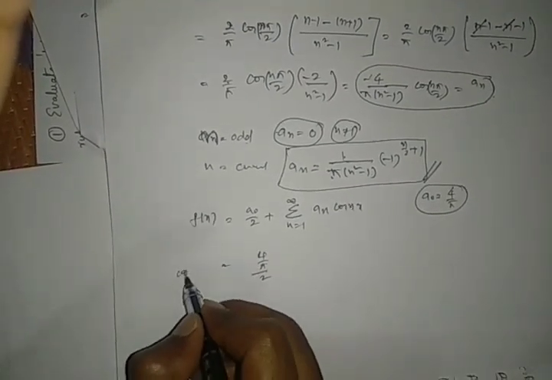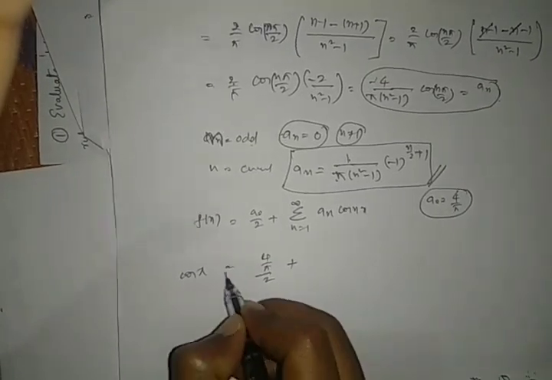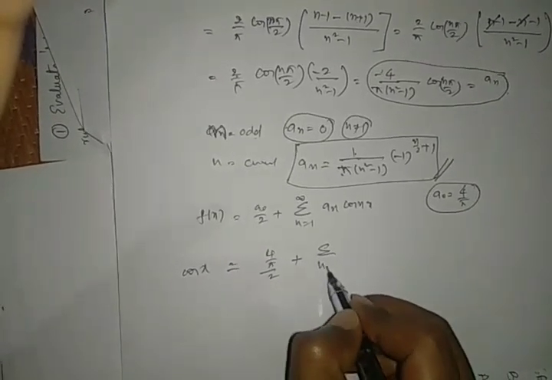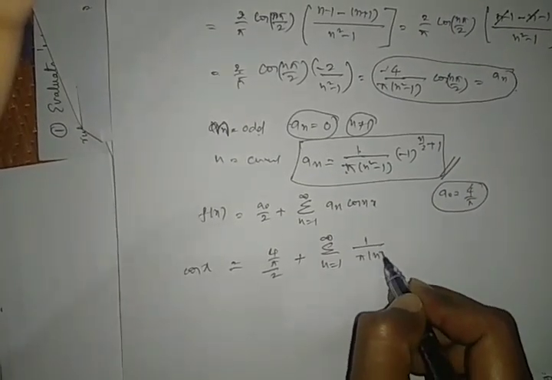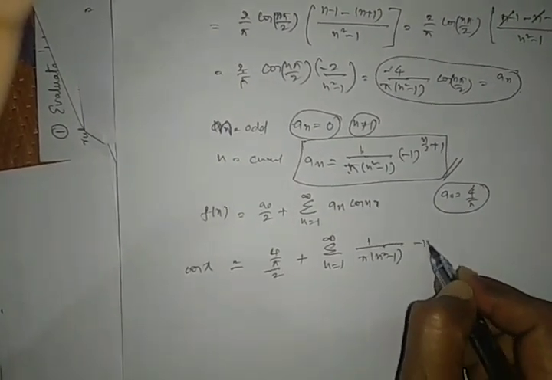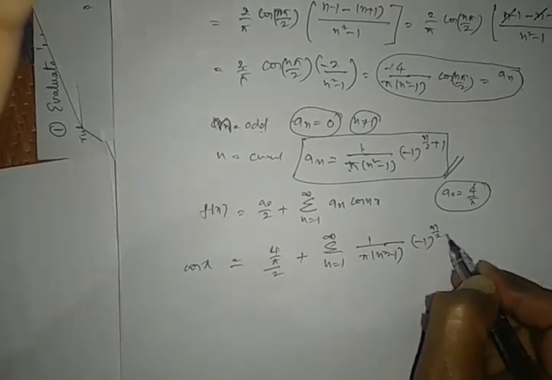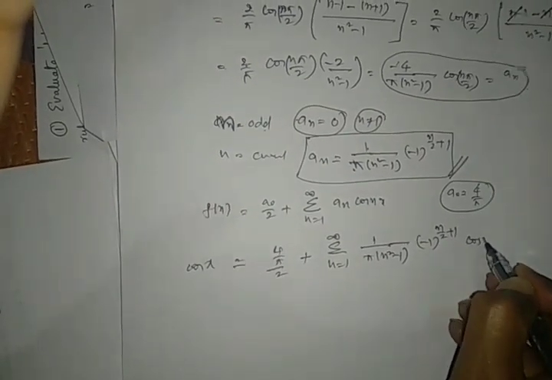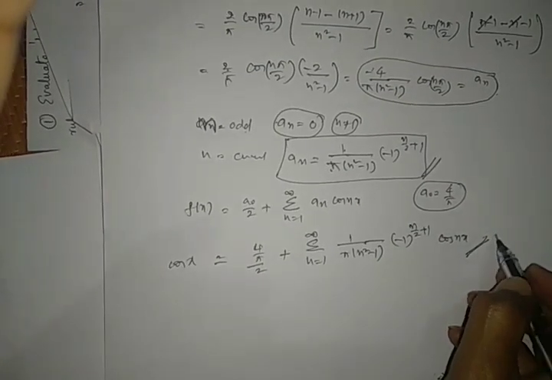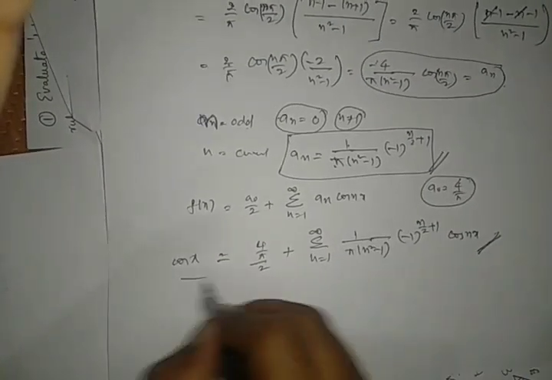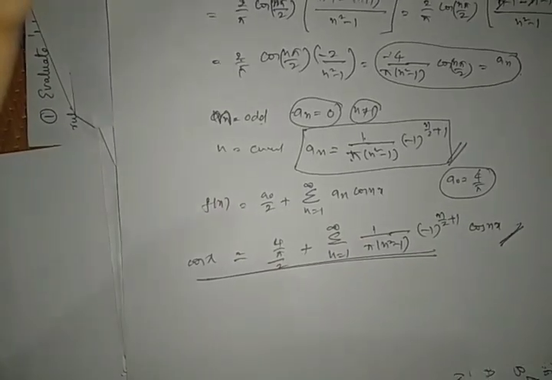Before that, f of x is cos x plus summation n is equal to 1 to infinity, where the a n value is 1 by pi into n square minus 1 into minus 1 to the power of n by 2 plus 1, into cos nx. This is the expansion of the Fourier series of the given function.